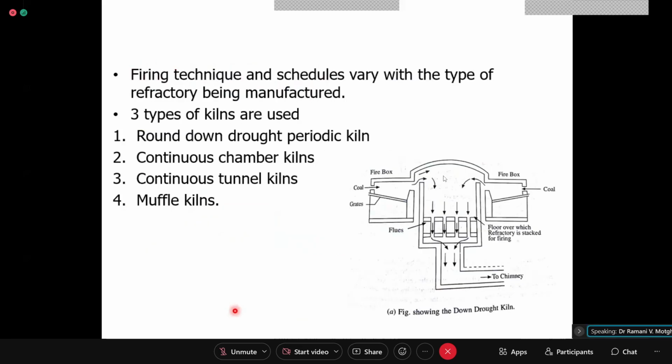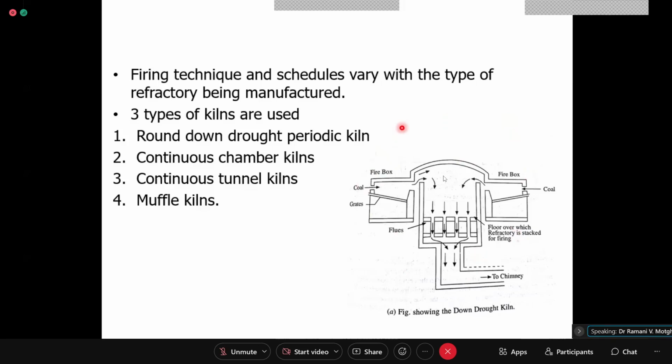Later on, when it goes for burning, such kind of stresses are not developed if the drying part is performed properly. So the burning or the firing is done in a round down draught periodic kiln. It is called round because from the top view it will appear round. The firing box is also arranged around it.